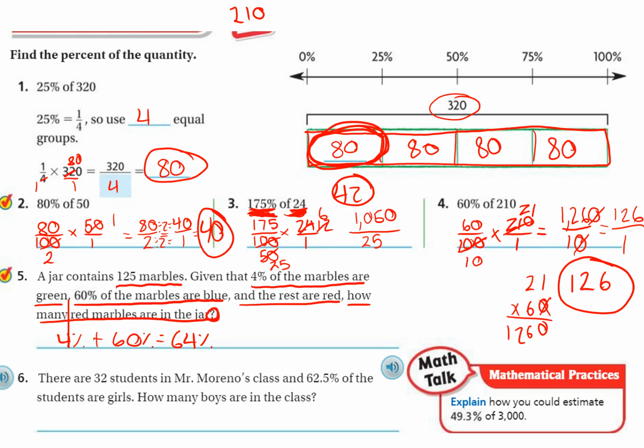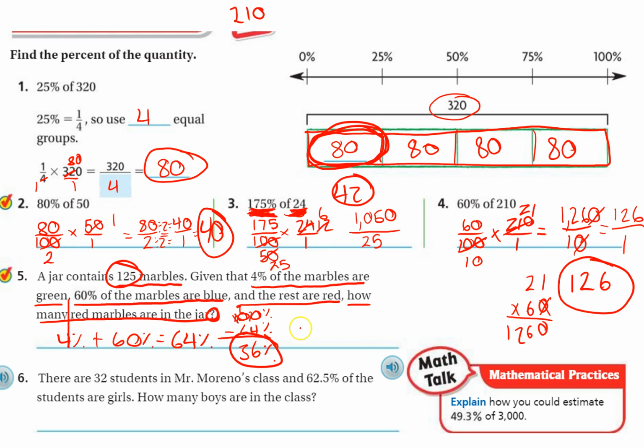And since the rest are red, we take the whole, the total 100%, minus the blue and the green, 64%, and that'll tell us the red. Okay, so borrowing, 36% then are red. So now that we know that, we're finding 36% of 125.